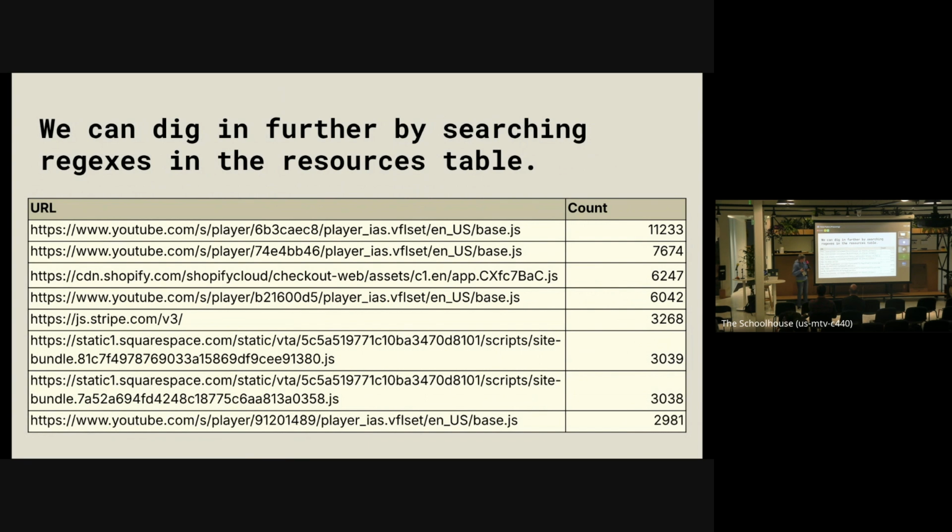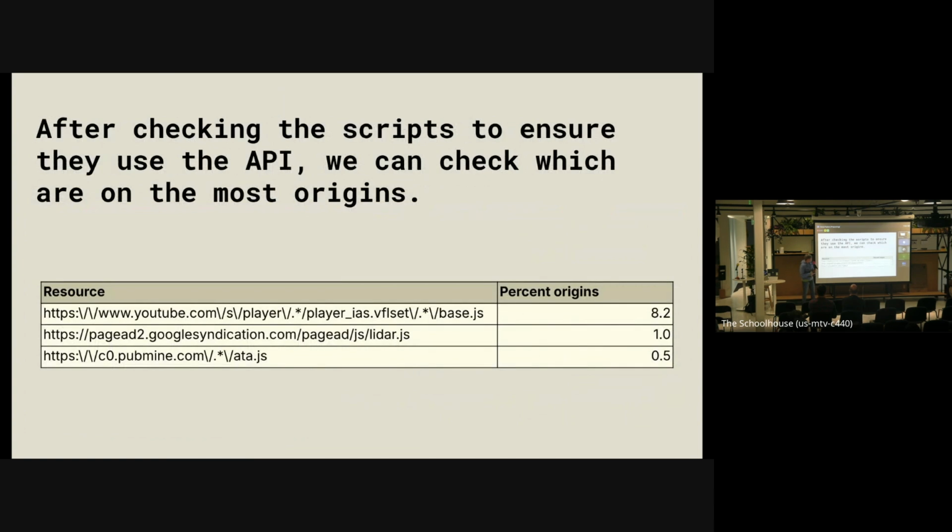And then we see that the same file shows up a bunch of times with a hash. So I ran a regular expression to see how common that file is. It's on 8% of origins, which is really similar to the Intersection Observer usage. It's not quite on all of the origins that were detected using YouTube, so that makes a lot of sense.